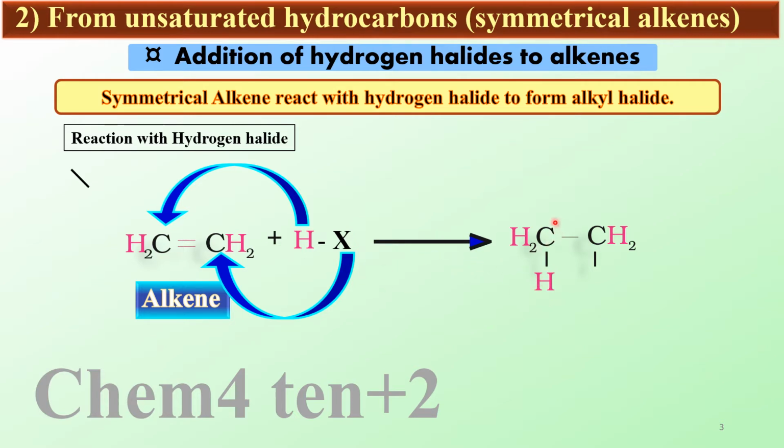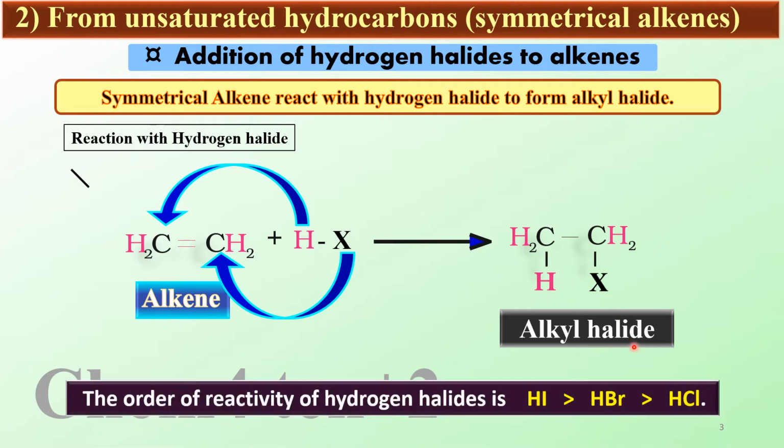We can see here, to this carbon atom hydrogen is bonded, and to the second carbon atom halide group is bonded, and thus the product obtained is alkyl halide. Here the order of reactivity of hydrogen halide is HI having greater reactivity than HBr, and HBr having greater reactivity than HCl.